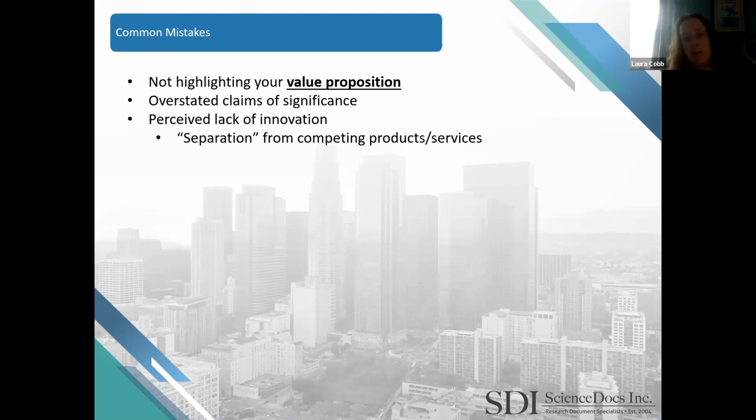I mentioned this earlier, but a perceived lack of innovation. So you need to separate what you're doing from competing products and services. Make sure that your approach section is very clear. Sometimes these sections can waffle around a lot. The terminology I always like to use for these is, if at all possible, spoon feed the reviewers.